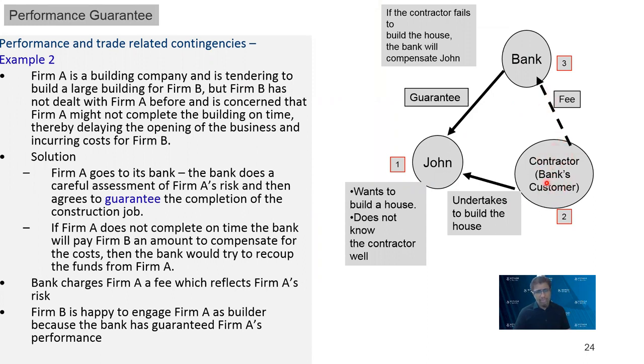So this is a contractor, and this is the person who wants to build the house. Last time we talked about Sunway in this example, now just assume another example. So he will pay a fee, receive a guarantee, and give the guarantee to John. John will give him the money, and he will start the work. But if the work is not performed as agreed, John can claim from the bank. This is how guarantees work.